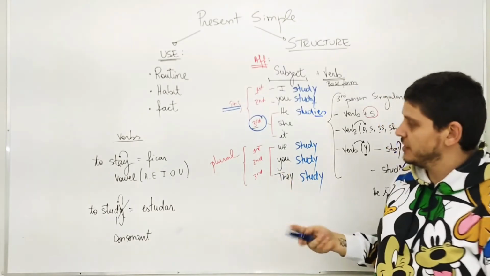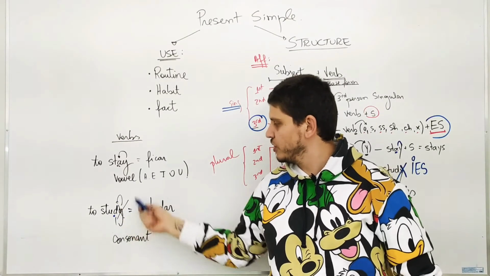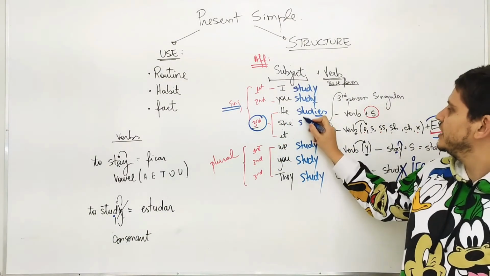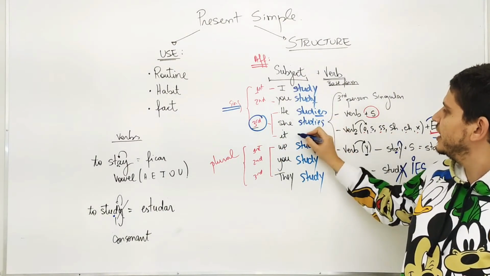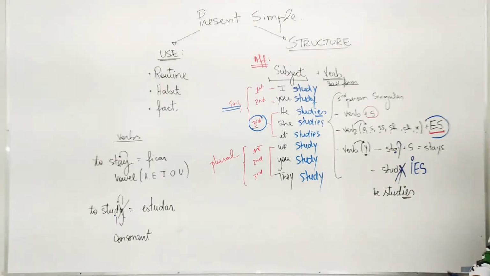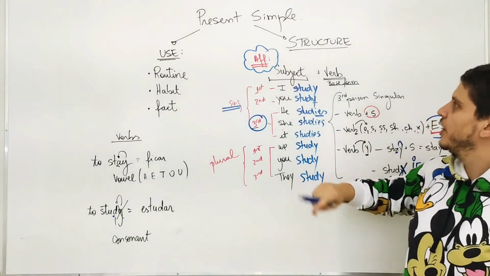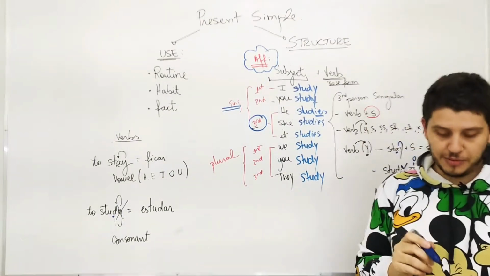Why is that? Because the verb finishes in Y, and before the Y we've got a consonant, so we drop the Y. She studies, it studies. All right, so here we're done with the affirmative form of verbs in the present simple, okay?